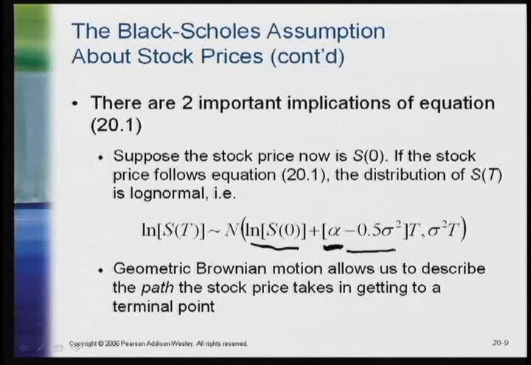And the amount of shift is exactly a half sigma squared. And of course, as always, both the mean and the variance of this distribution are proportional to time. The further we go out in time, the more the mean drifts and the more the variability of that normal distribution expands.